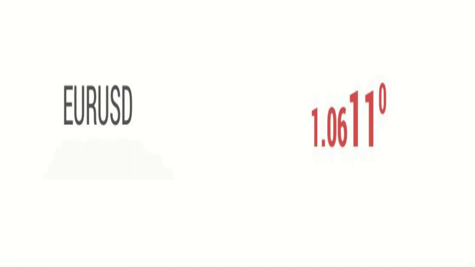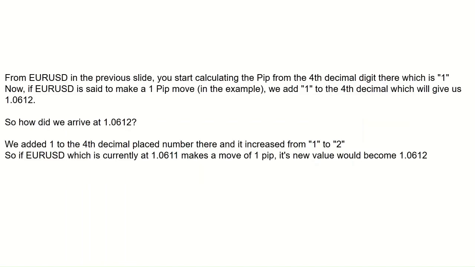Since we said we start pip calculation from the fourth decimal place for most pairs like EUR/USD, if it makes a 1 pip movement, we add 1 to the fourth decimal place, which is 1. Then it becomes 1.0612.